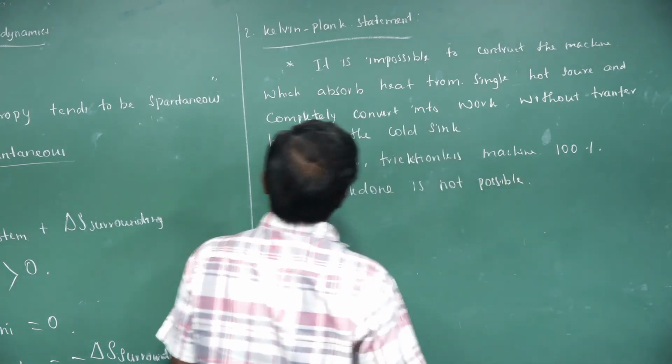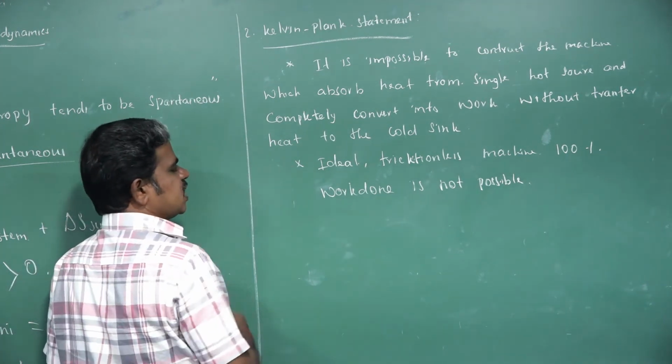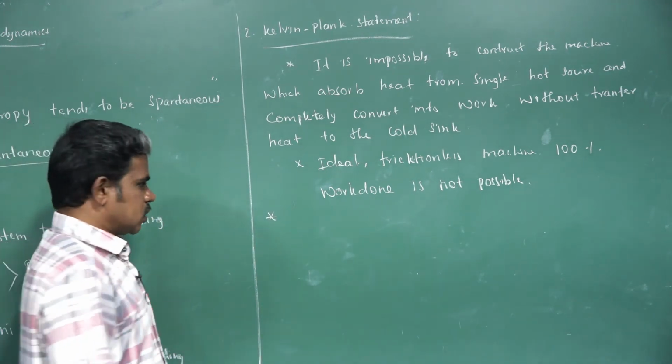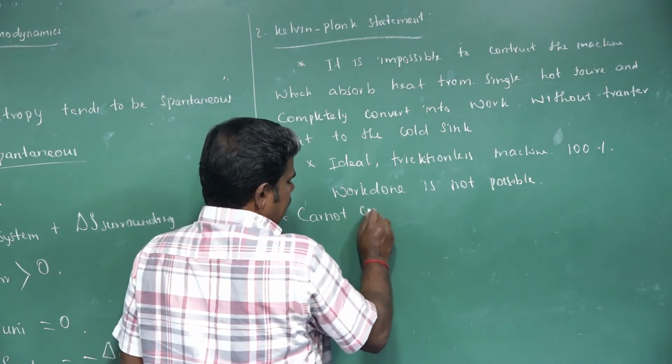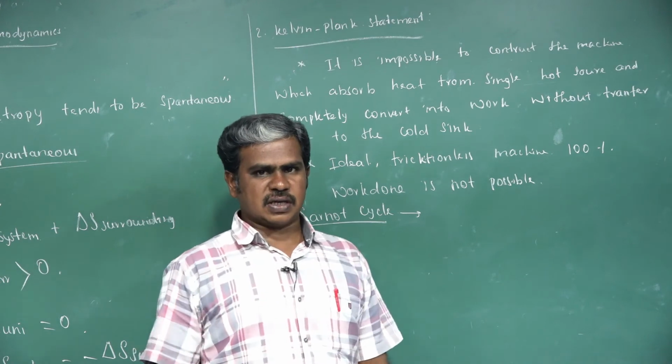Then it is nothing but the Kelvin-Planck statement. Now, the efficiency of a machine is identified by the Carnot cycle. By a Carnot cycle, we get the efficiency of a machine.